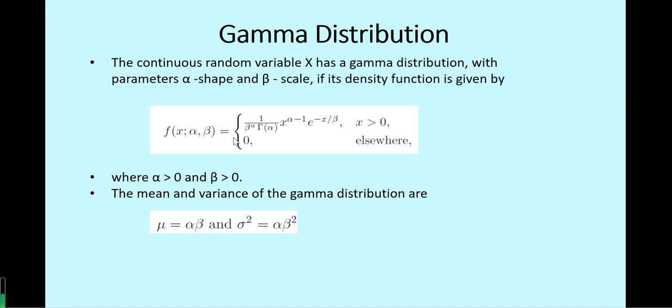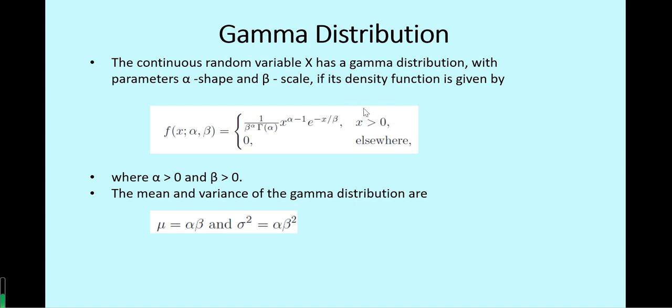get the gamma distribution density function. Its formula is 1 divided by beta to the power alpha times gamma function of alpha, then times x to the power alpha minus 1, times e to the power minus x divided by beta, for x larger than 0.